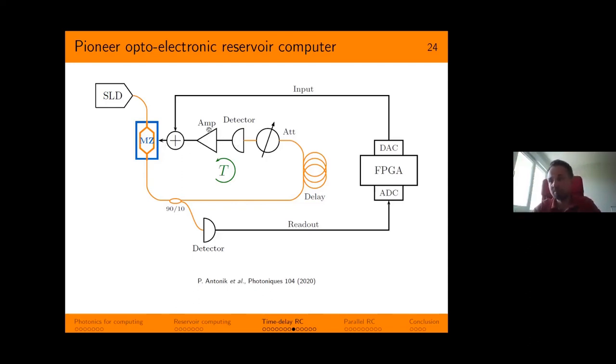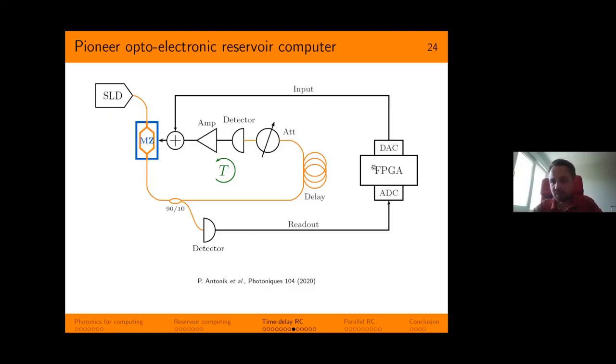So we need to amplify it a little bit. We also have a light source here, an incoherent LED that works at the C-band in telecommunication at 1550 nanometers, the standard wavelength. And last but not least, we have some electronics that generate the signal and capture the reservoir states.